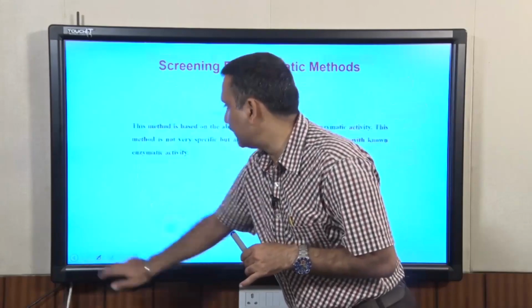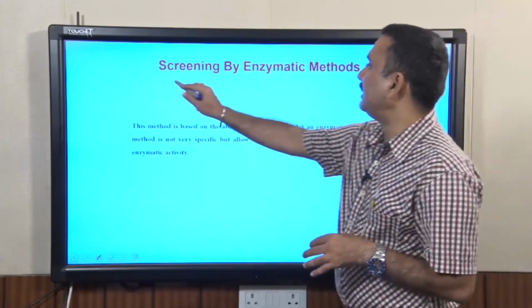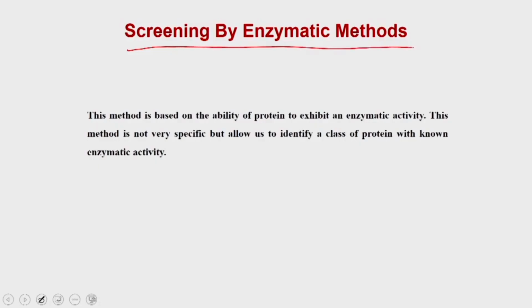Now let us move on to the third method, which is called the enzymatic method, and this method is simply based on the ability of the protein to exhibit enzymatic activity. One of the major drawbacks of this approach is that it is not very specific.